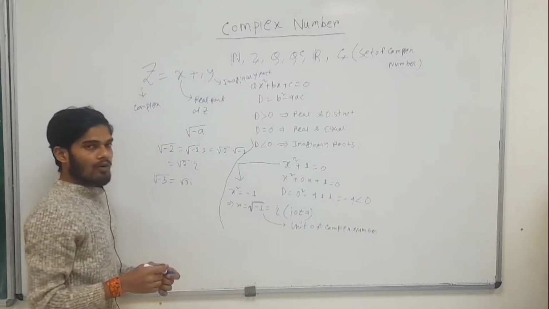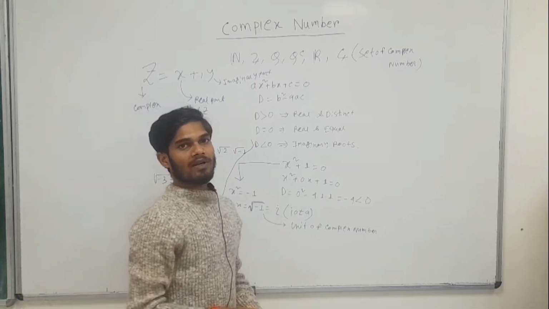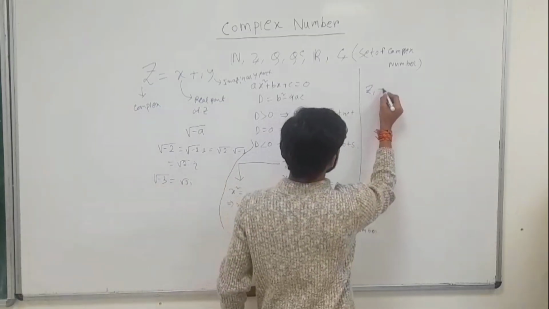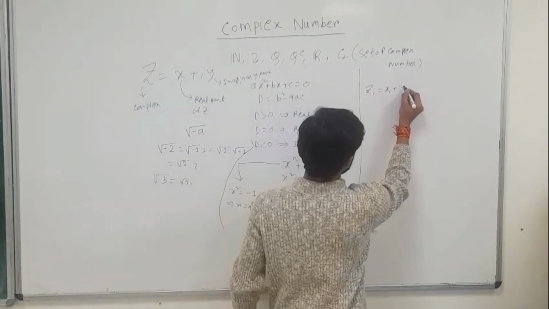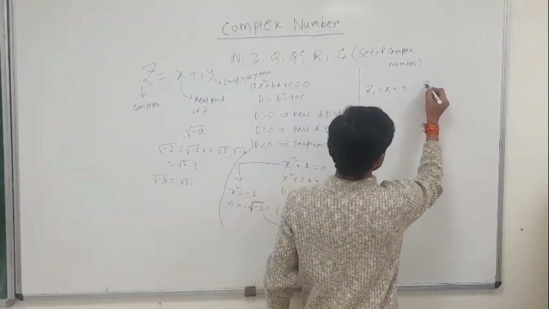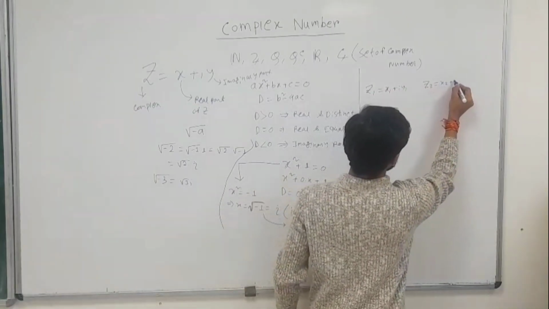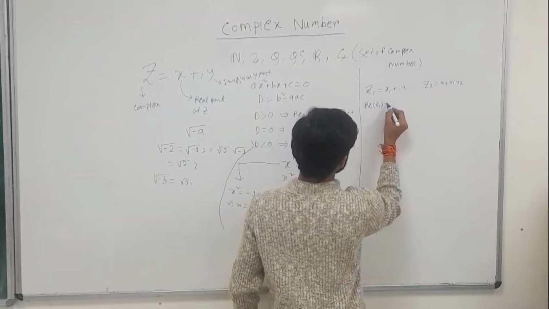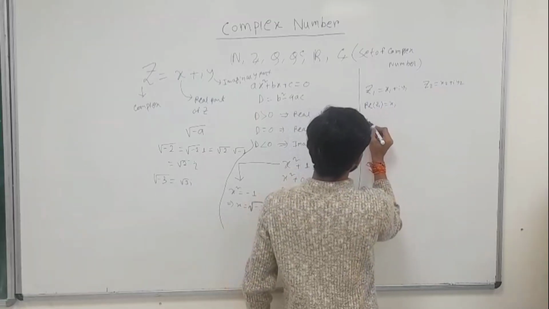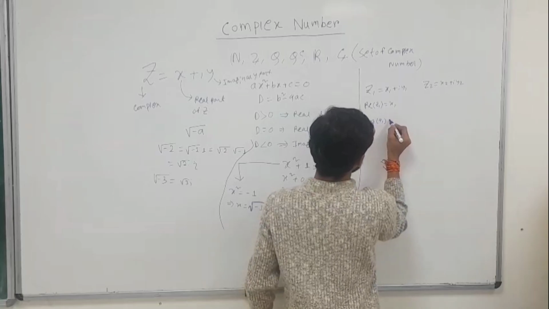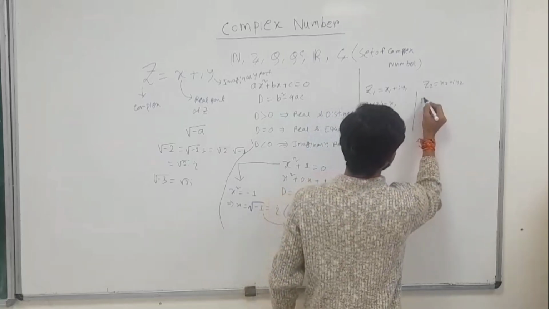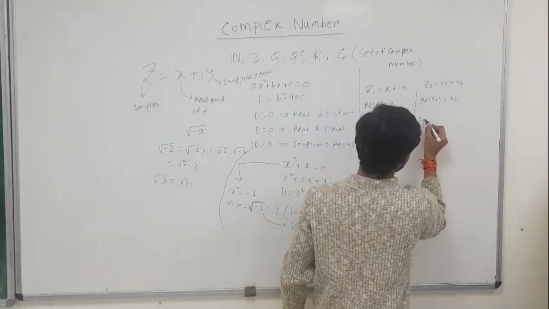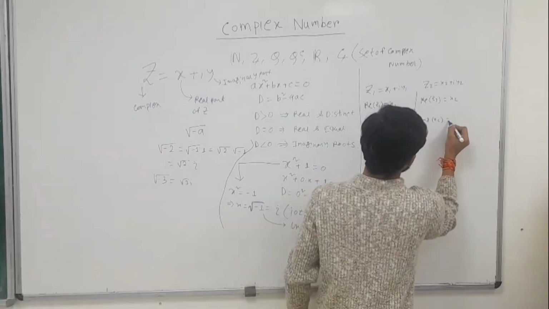Okay. Now I will see when two complex numbers are equal. Let's say if you have two complex numbers z1 is equal to x1 plus iota into y1 and z2 is equal to x2 plus iota into y2. So here the real part of z1 is equal to x1 and the imaginary part of z1 is equal to y1, and the real part of z2 is equal to x2 and the imaginary part of z2 is equal to y2.